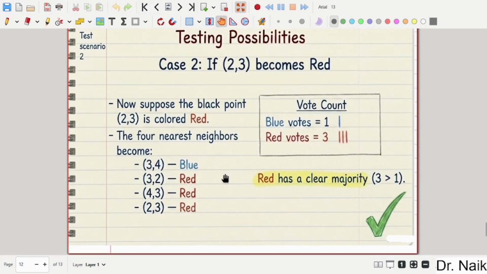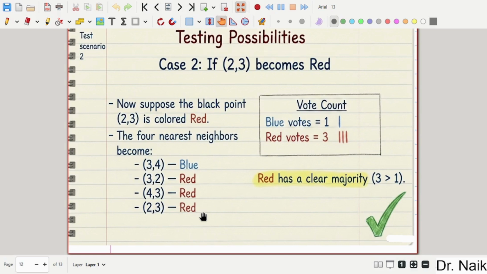Now consider the other possibility: if point 2, 3 becomes red. Then our 4 nearest neighbors are 3, 4 with a blue class, 3, 2 which is red, 4, 3 which is red, and 2, 3 which is red. Let us count: blue has 1 count and red has 3 counts.